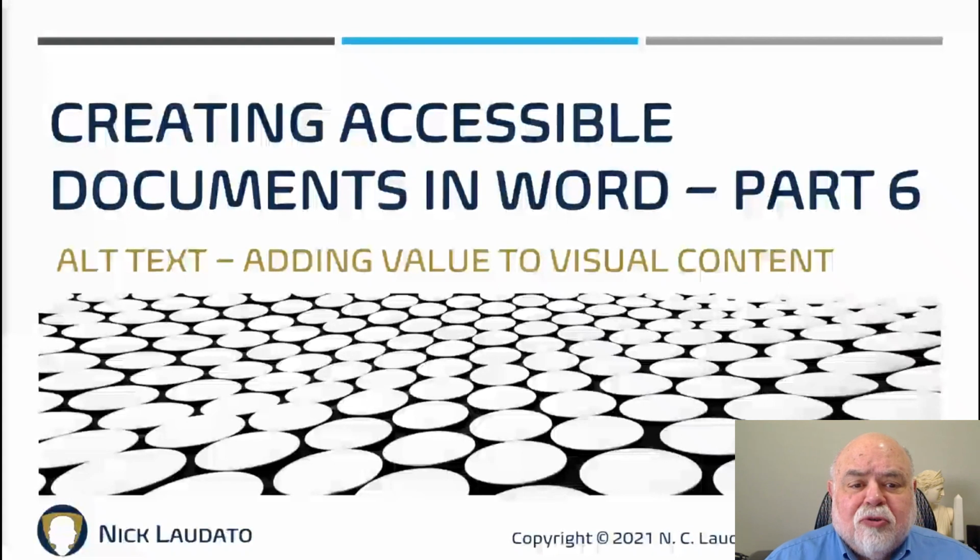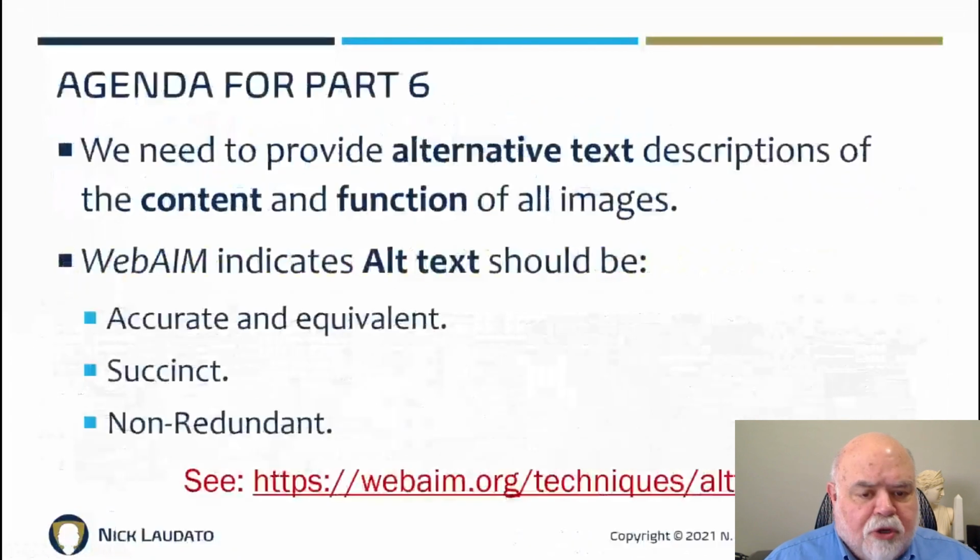Today's episode deals with alternative text, alt text. So let's begin. What we want to do is talk about what alternative text is. It is essentially, as it indicates by its name, an alternative description of an image, a photograph, a chart, a graph, any visual content that is not comprehensible by a person without vision.